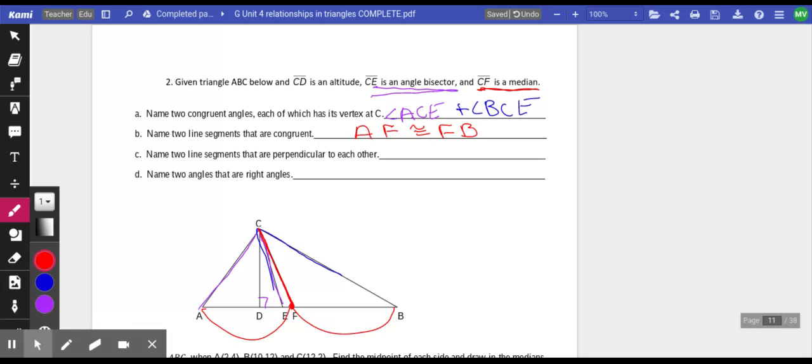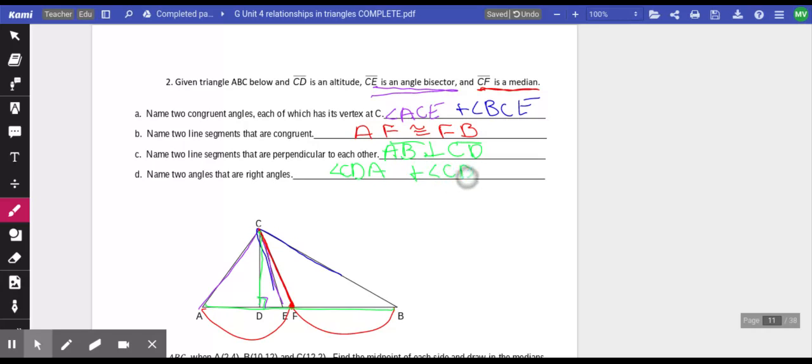Well, CD is my altitude, so CD is perpendicular to AB. Altitudes always form right angles. Name two angles that are right angles. Since those two are perpendicular, angle CDA is right and angle CDB is right.